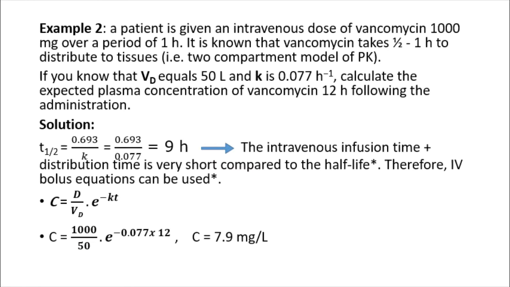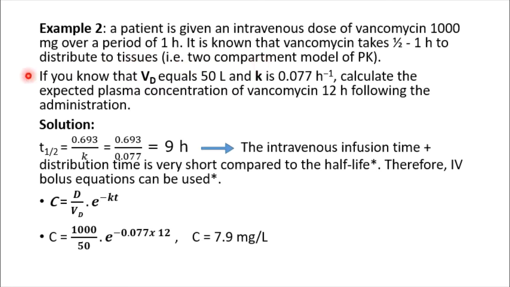Okay, another example in which a patient is given an intravenous dose of vancomycin 1000 milligram over a period of 1 hour. It is known that vancomycin takes half to 1 hour to distribute to tissues, which means that the drug follows a two-compartment model of pharmacokinetics.